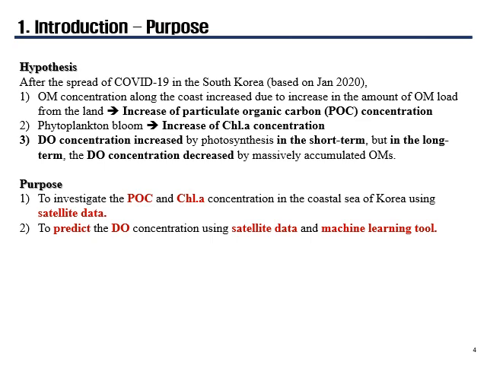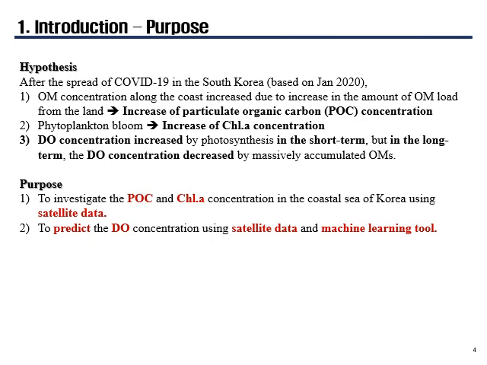After the spread of COVID-19 in South Korea, based on January 2020, because the first infected person occurred in South Korea in January 2020, the organic matter concentration along the coast increased due to an increase in the amount of organic matter load from the land side. It means an increase of particulate organic carbon concentration.